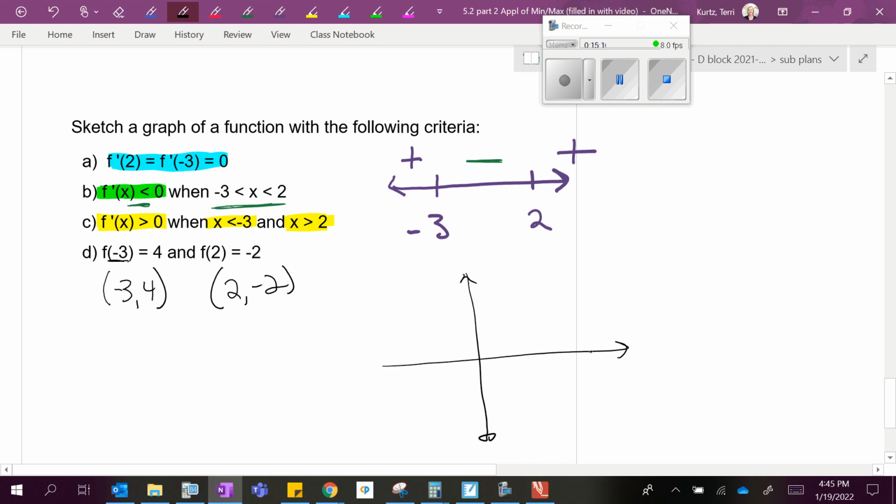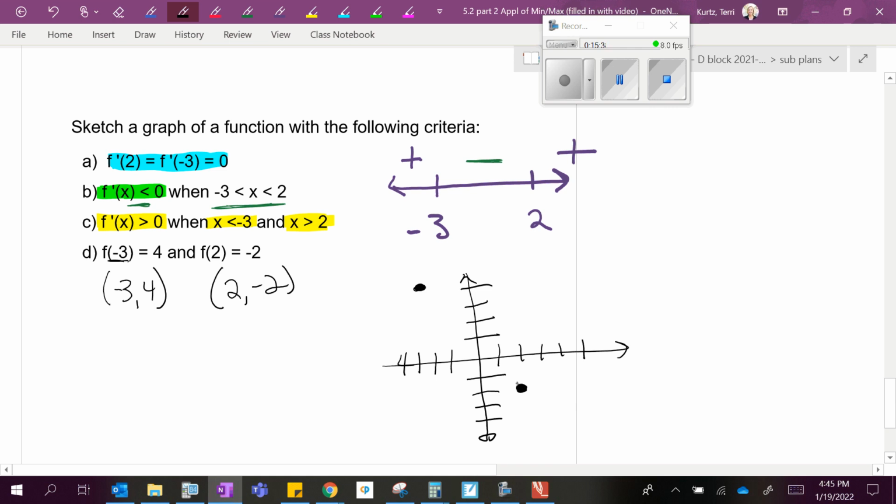So we can draw our graph. A couple of points here. We need the point (-3, 4) and the point (2, -2).